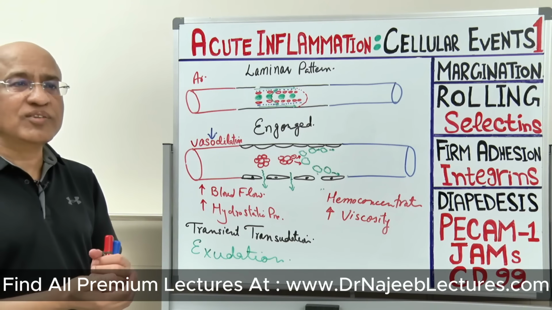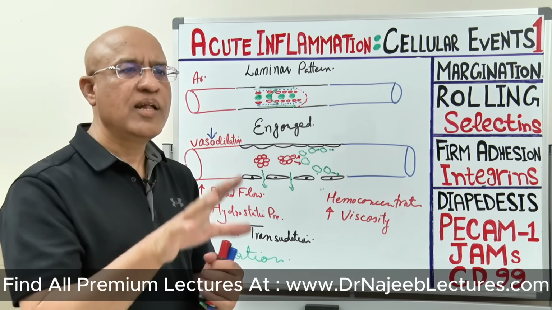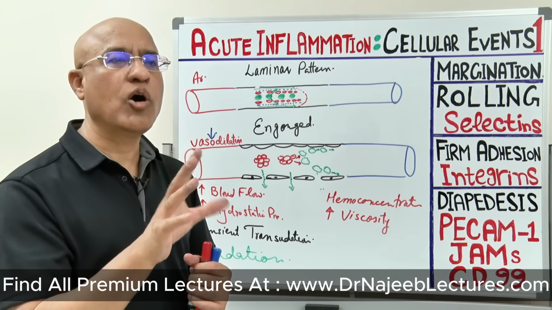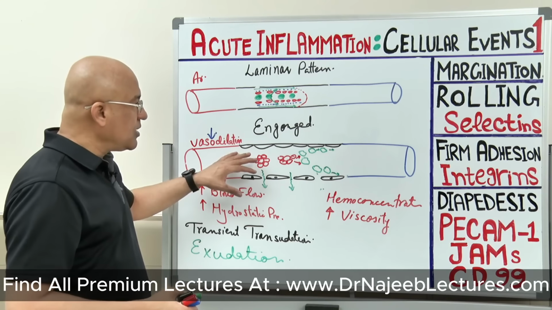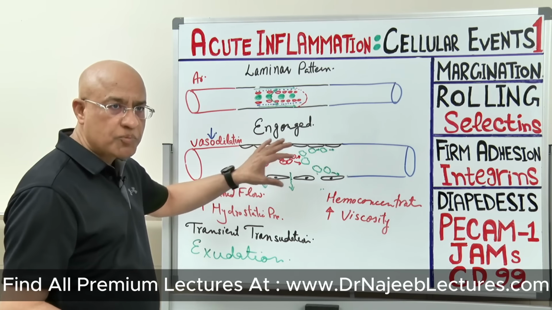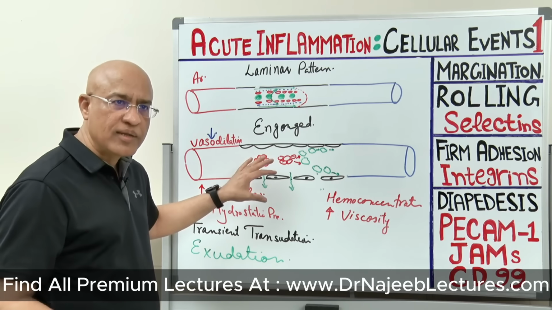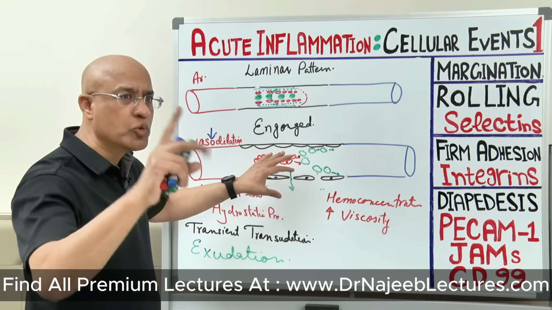Now, what is engorgement? Just say when microcirculation is engorged, this is a situation where more than normal blood is present in microcirculation in the inflamed tissue. Now, this engorgement is due to two processes.